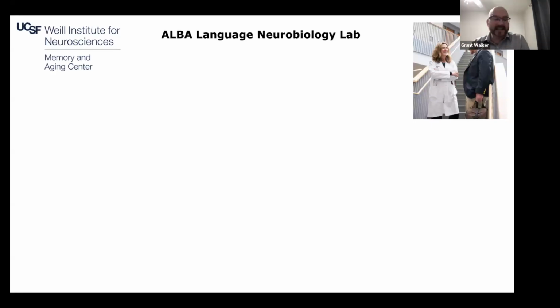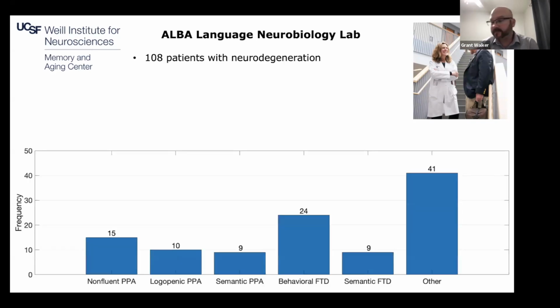And so to test these ideas, we teamed up with the language neurobiology lab, run by Dr. Gorno Tempini and Dr. Miller as well. You can see them there, and they're at University of California, San Francisco, and they have just an amazing apparatus to recruit and collect data.